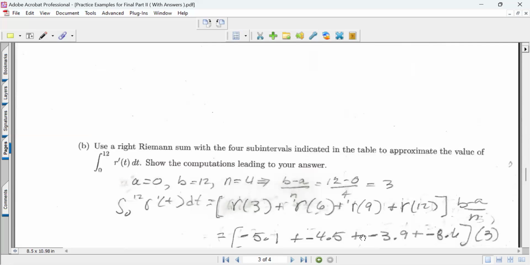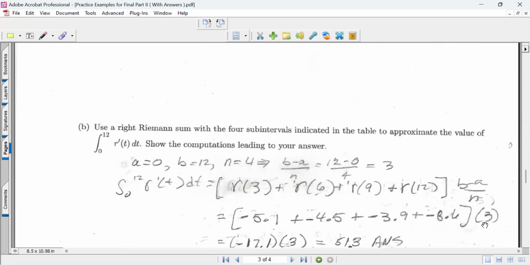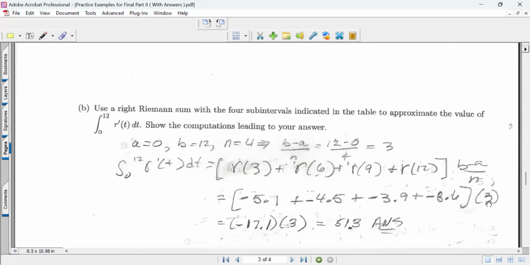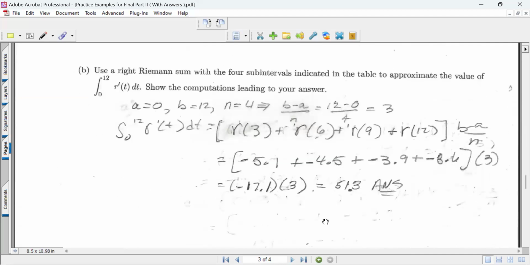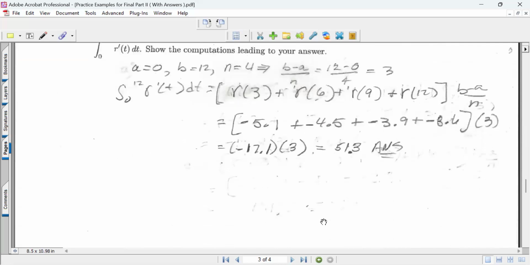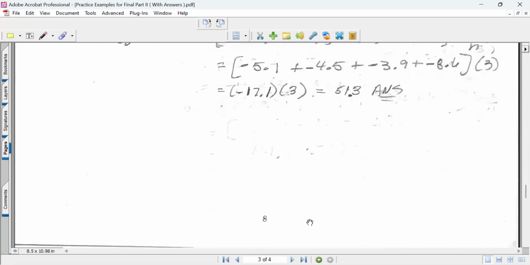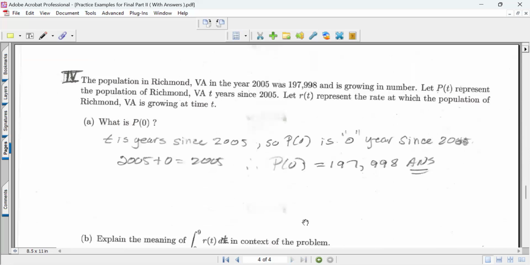So we multiply the sum by 3, and this should be a negative 51.3 for that. And so that takes care of that problem.